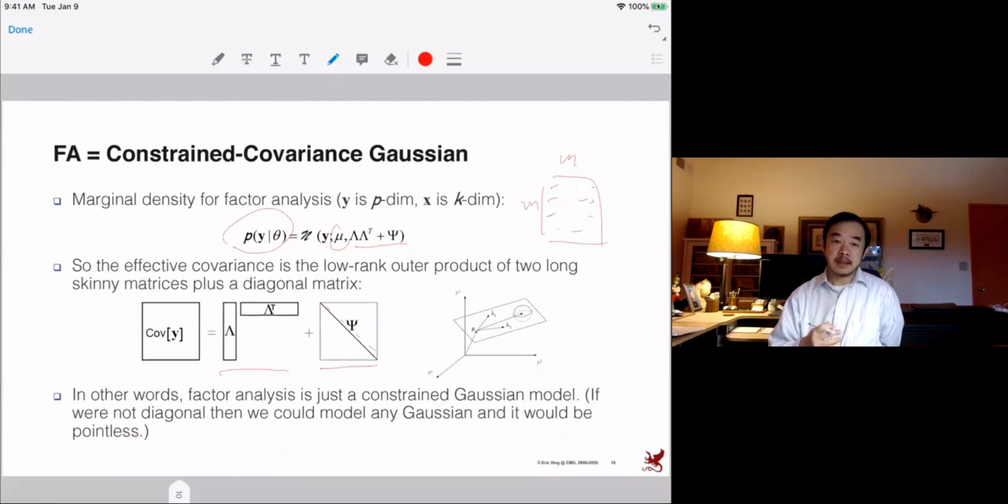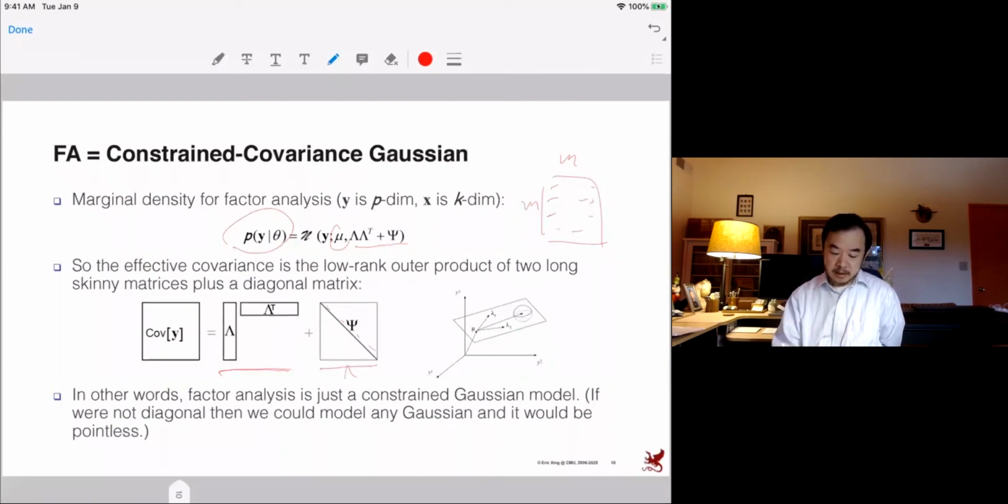That usually means the data is full rank, and it cannot really be nicely projected into a lower dimensional space. But if your covariance matrix is like this, it is almost low rank, meaning that only a few dimensions in the data are carrying information and the others are not. And those other additional dimensions that carry some information may be coming from the noise. That's basically what factor analysis is trying to reverse engineer.